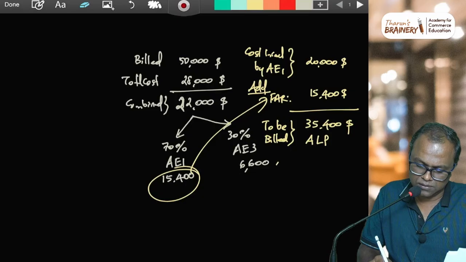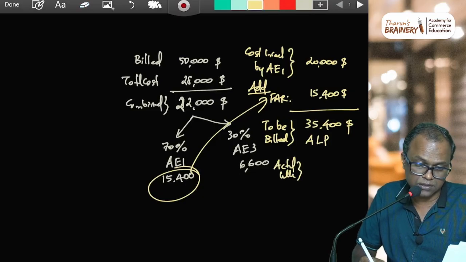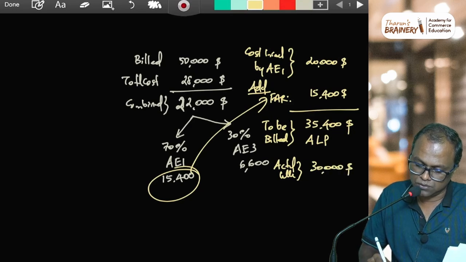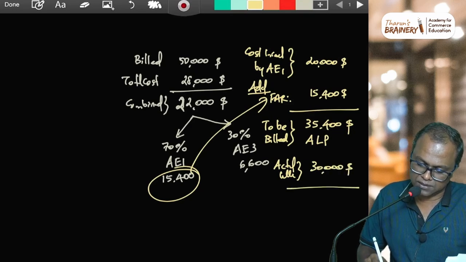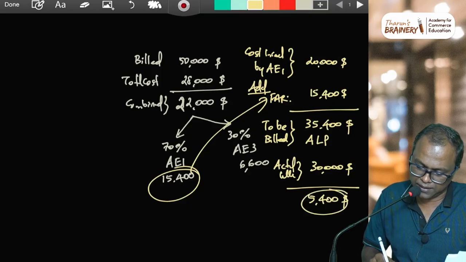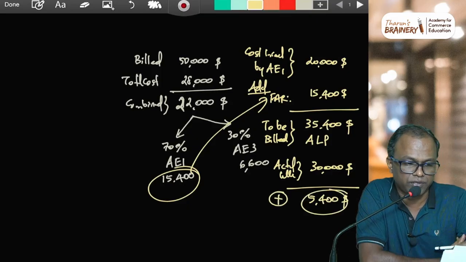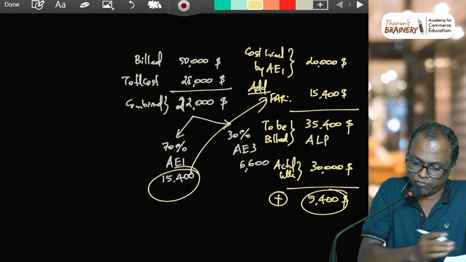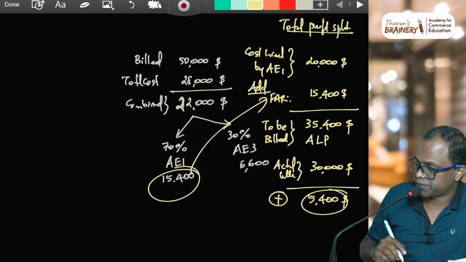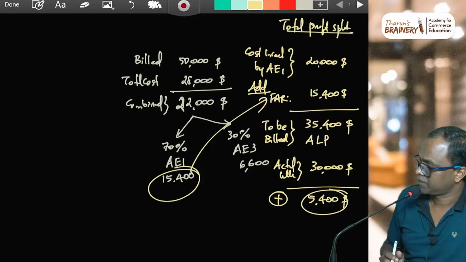What is the actual bill? Actual bill is 30,000, right? So income to be varied is $5,400 to be added to the net profit of AE1 Limited, if we apply total profit split method. This is total profit split method.